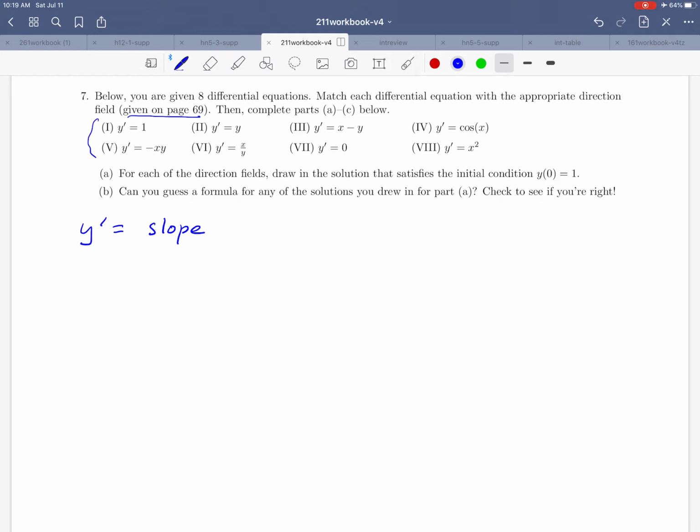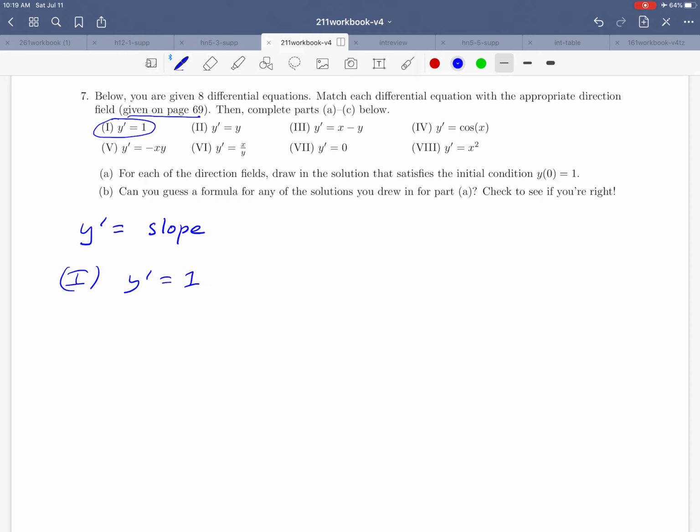So I'd like to start first with one of the easier formulas and sort of try to make a global match. Think about the formula big picture. So how about the very first one on our list here? The differential equation that says that y prime is equal to 1.